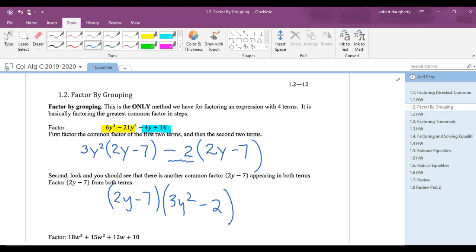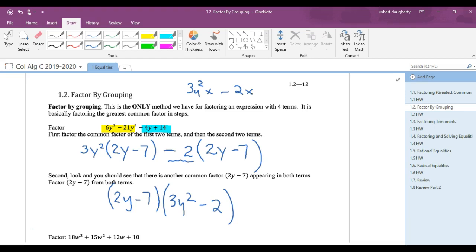So if you look at it, what if I had something like 3y squared x minus 2x? You would say, what do I need to factor out of here? What can I factor here that's in both places? X. So instead of an x, I've got this parentheses 2y minus 7, 2y minus 7.